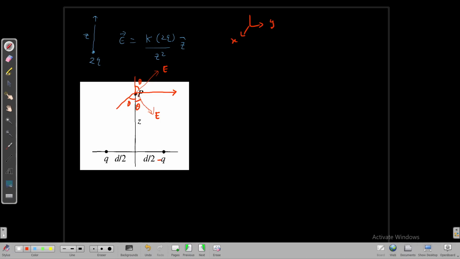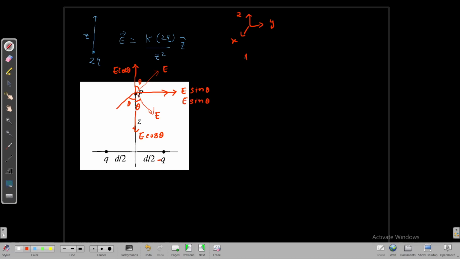This is X, this is Y, this is Z. In the Z direction, it will be E cos theta here, and E cos theta here, and here E sin theta, and another one also E sin theta.